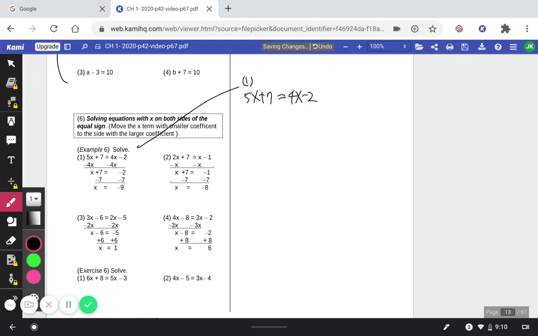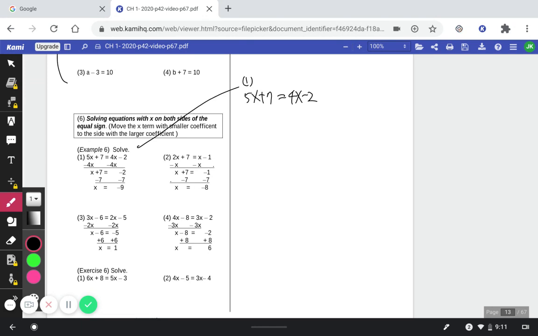So x should be on the left side of the equal sign, but in here, you have x on the left side of the equal sign, as well as x on the right side of the equal sign. So what do you do when you have x on both sides of the equal sign?